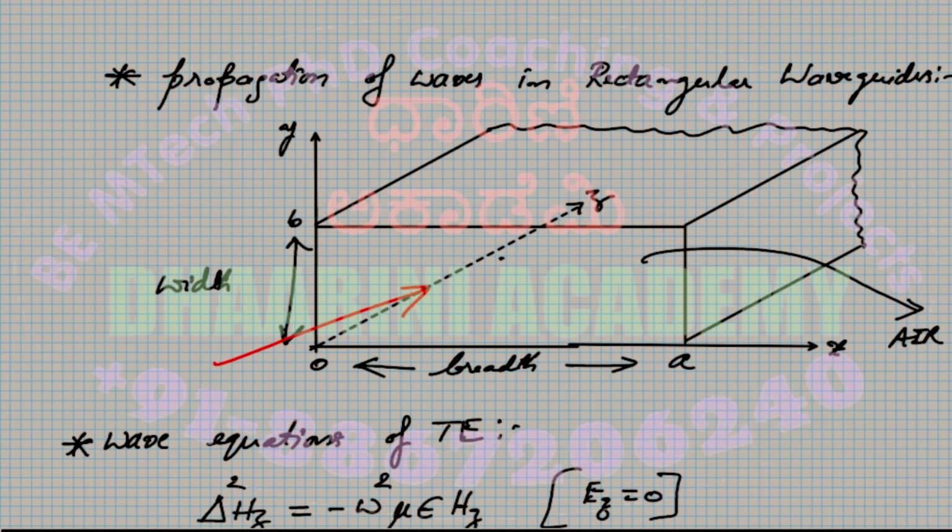It travels along the z-axis and comes out from the other side. That's the hollow part. Within the hollow volume that resides inside my waveguide, the wave will propagate. The wave is such that there is no Z component of electric field, but Hz will exist.